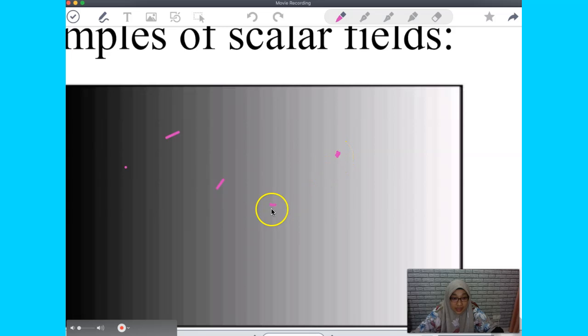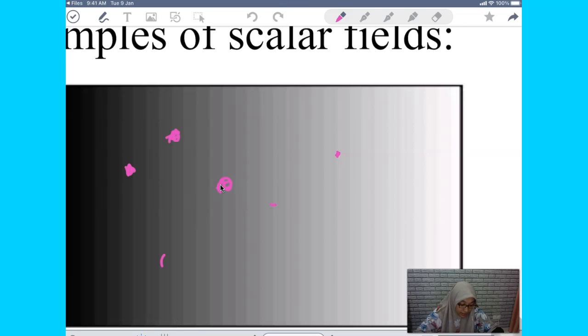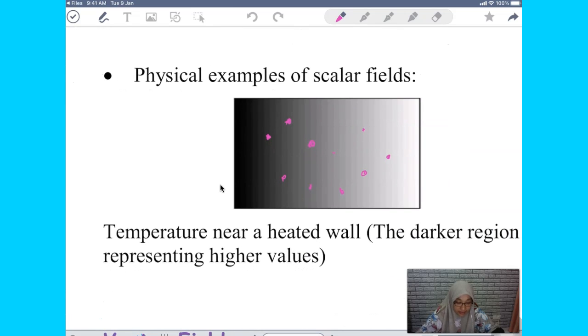And this one is the value of x, y, z at t equal to 2. And this is another point, and another, and very many points. So this is actually the x, y, z for some specific t. These are examples of a scalar field, very many points for different t.